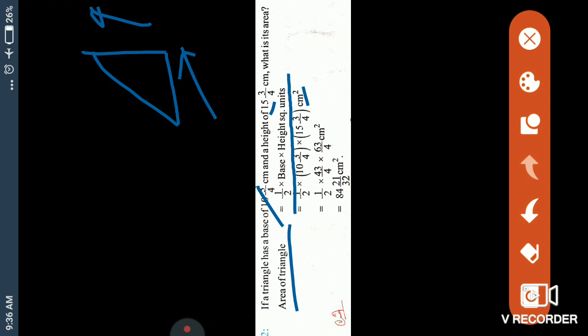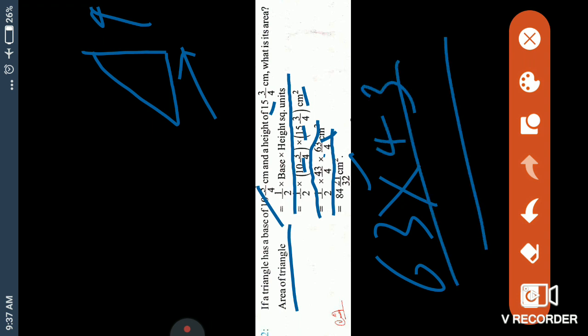These are mixed fractions, so we will change them into improper fractions. 10 times 4 is 40 plus 3 is 43, and 15 times 4 is 60 plus 3 is 63, so 63 upon 4. No number is reducing, nothing cuts with another, so we just multiply all three. 2 times 4 is 8, 8 times 4 is 32, and apply 43 multiplied by 63.